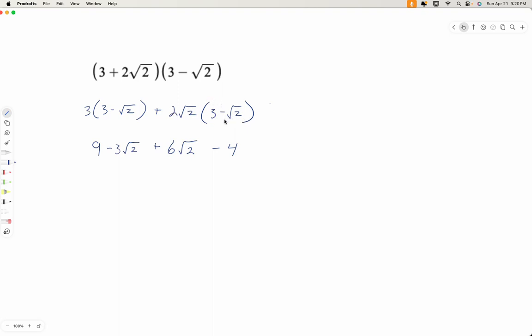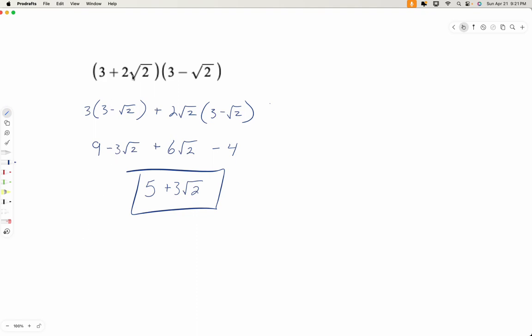And 2 times the negative 2 is a negative 4. So 9 minus 4 is 5. And a negative 3 times the square root of 2 plus 6 times the square root of 2 is a positive 3 times the square root of 2. And that would be your final answer.